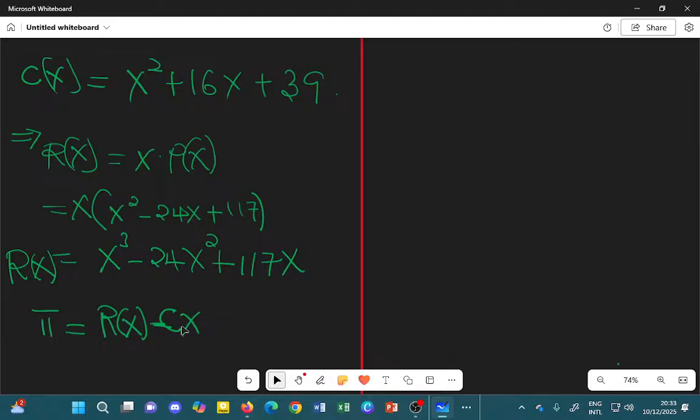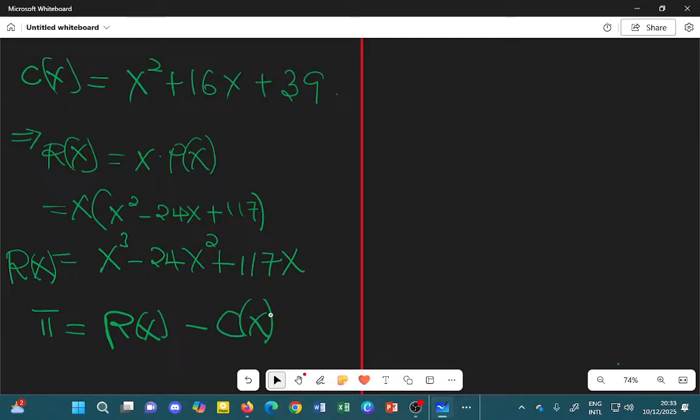We know what the revenue function is and what the cost function is. So I'll have to subtract this from this.